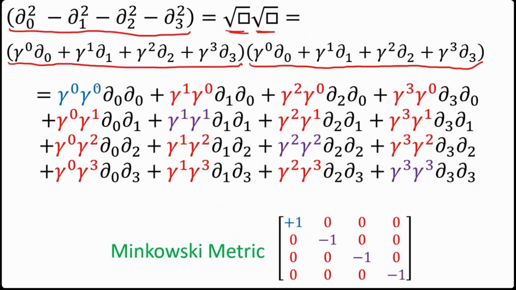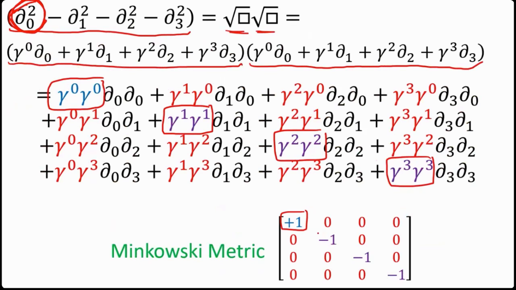Basically the blue term here we want to be plus 1, because partial 0 by partial 0 has a plus 1 coefficient. We want these purple terms to be minus 1 here, and that's because these have minus 1 coefficients up here.